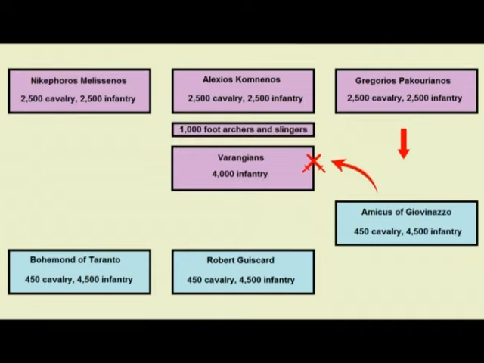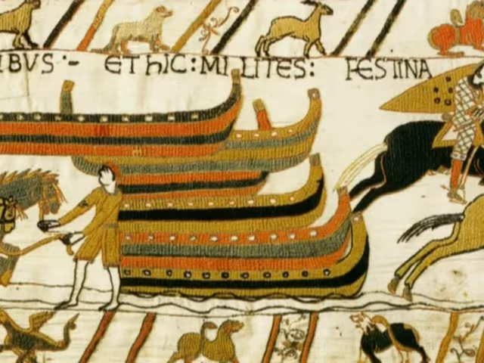It makes sense because these Varangians, as you see here, are exposed. They were proceeding ahead of the main line, and they would presumably have had a central position. So Amicetas would have had to wheel even his battle in order to attack them on their left flank, right?